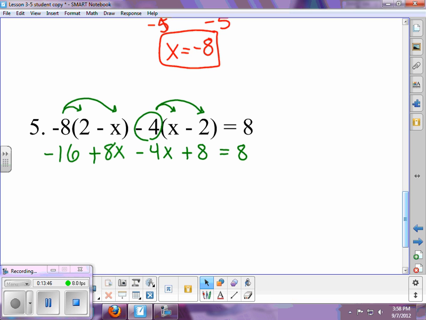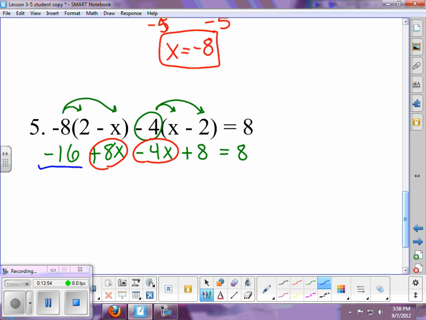And so let's combine our like terms. On the left side, the like terms of the variable are 8x and a minus 4x. And then the like terms that are constants are the negative 16 and plus 8. So let's begin that. 8x minus 4x would be 4x. Negative 16 plus 8 is negative 8. Recopy equals 8.